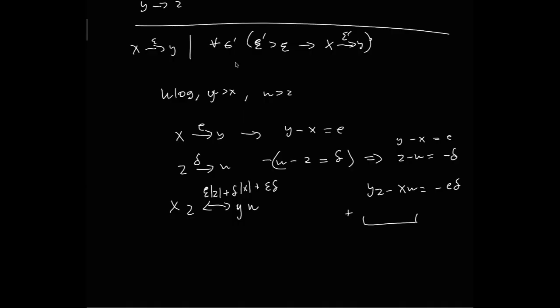So essentially, it's not hard to show that if I just do all these things, and instead of this, you do this, and use absolute values and whatnot, we get this statement here. An alternative way that you can do it is that you can set A equal to y minus x, and B is equal to w minus z.